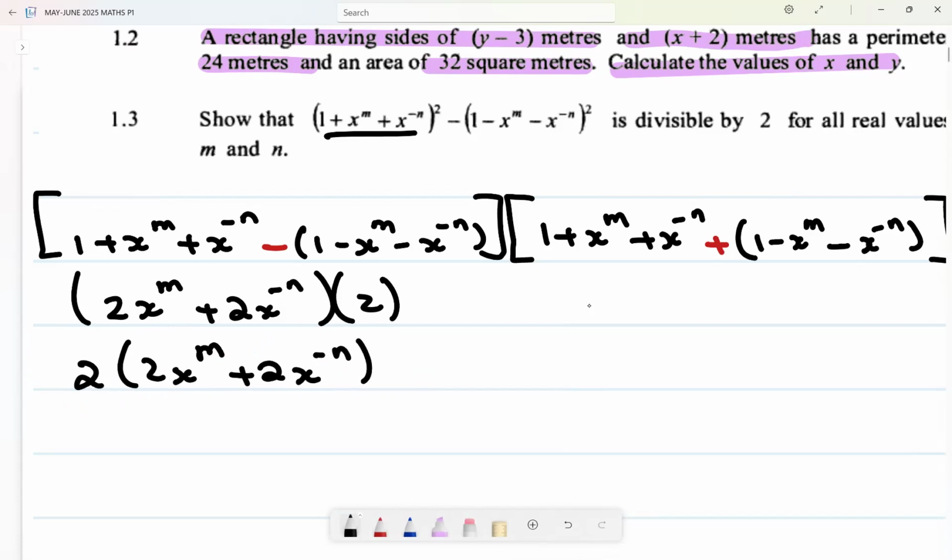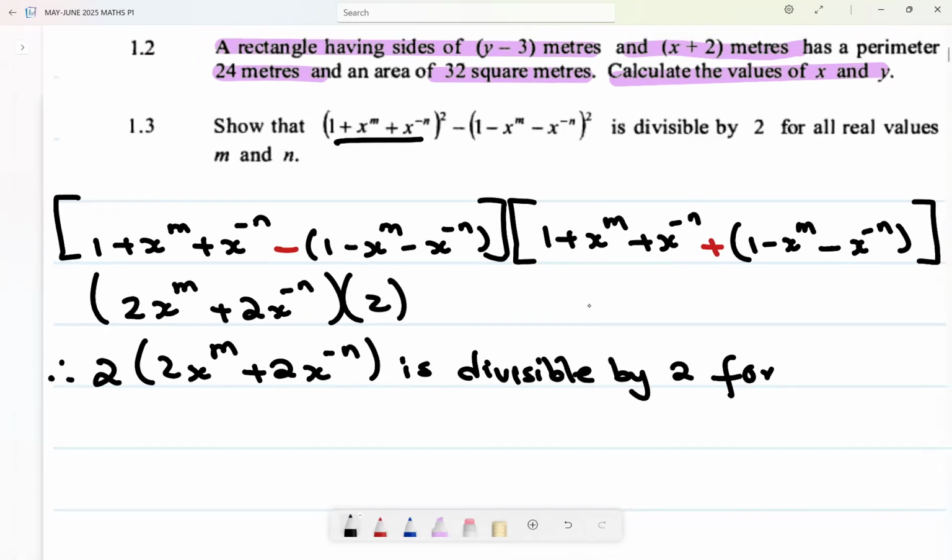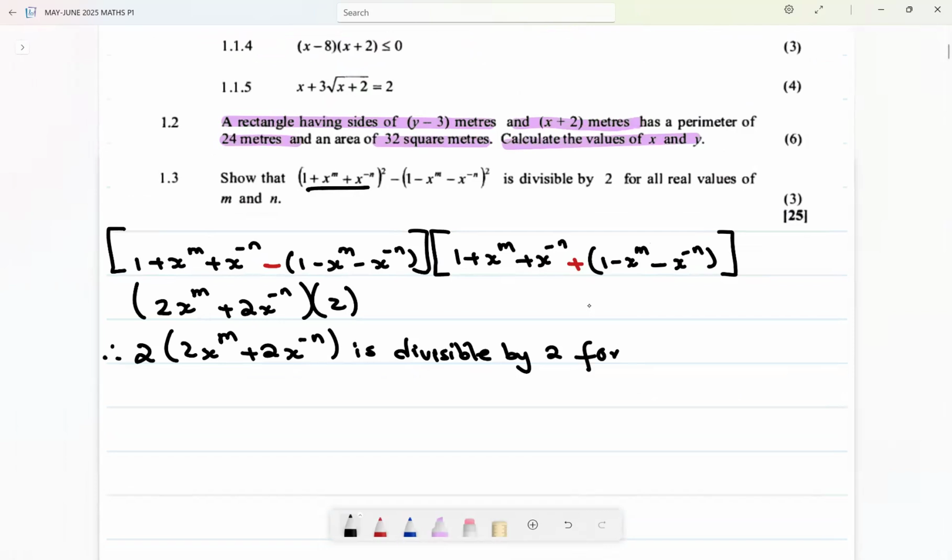So this expression, I'm going to say, therefore, this expression is divisible by 2 for m and n an element of real numbers. So m and n can be any real number. This will also be divisible by 2 due to this one.